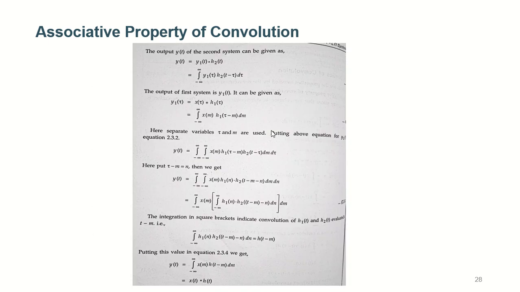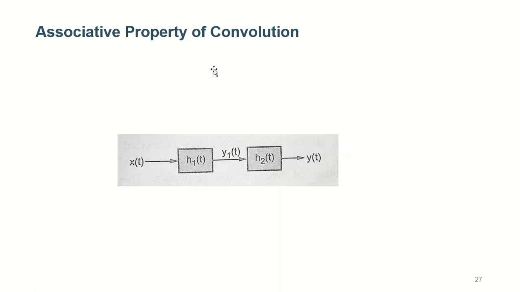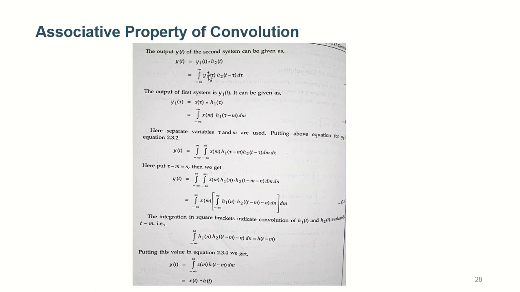So seeing this connection, can't we say y of t is equal to y1 of t convolution with h2 of t? Writing the formula of convolution, we get the integral from minus infinity to infinity of y1 of tau h2 of t minus tau d tau.